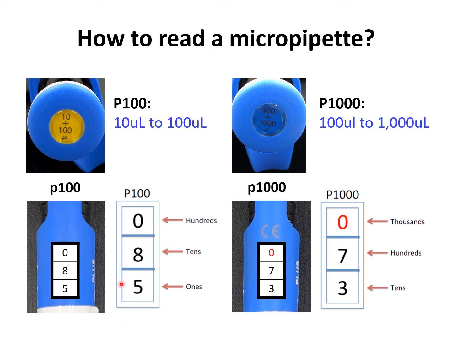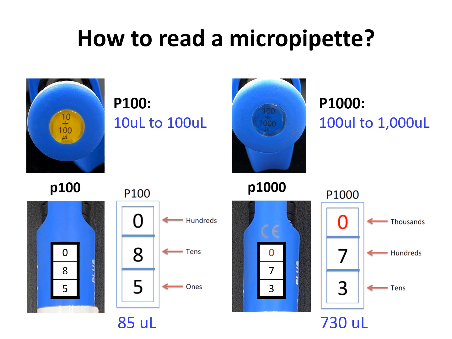Here, 085 would mean 85 microliters. Here, 085 would mean 850 microliters. And with the P1000, the 1000 is always displayed in a red color. Okay, so again, this would be 85, and this would be 730.